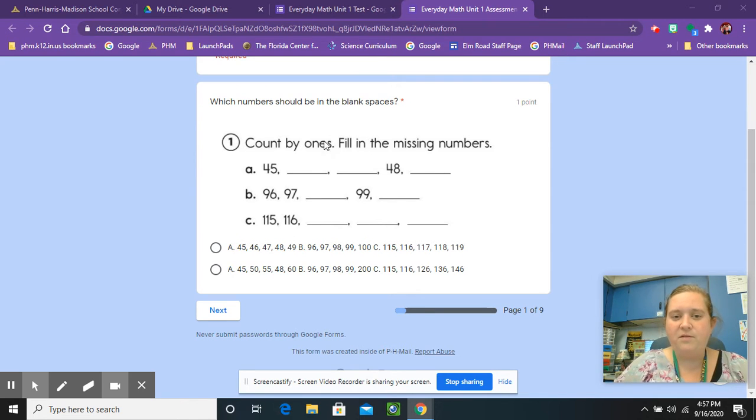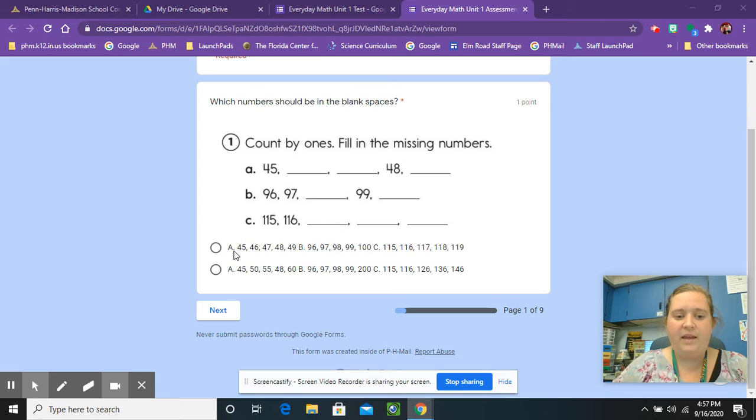So for the first one, it says count by ones, fill in the missing numbers. Well, you know that you can't write on this. So what you're going to have to do is probably get out a piece of paper, or you can use a whiteboard, and you can write out the numbers how they are supposed to be on the paper. So if you are counting by ones, write it out on your paper or your whiteboard, and then choose the answer that you have on your board.